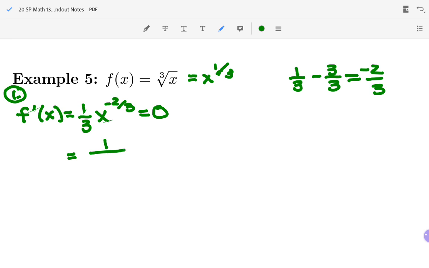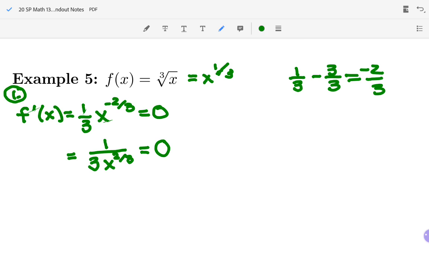So we have factoring as a method. We have solving a linear equation, aka just moving things around, as a method. And then we have moving negative exponents to the denominator. So our three options for solving for critical numbers, again, are factoring, if it's like an x squared and x, you would factor.